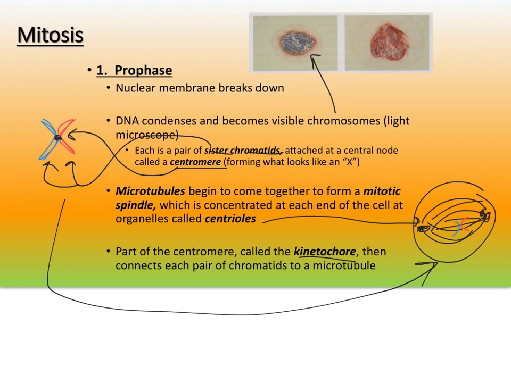A lot of times students get confused here between centromere and kinetochore. The kinetochore is like a little claw or clasp that's part of the centromere that can grab a hold of these microtubules and move the chromosome. So again, a lot going on during prophase. The other ones are way simpler.